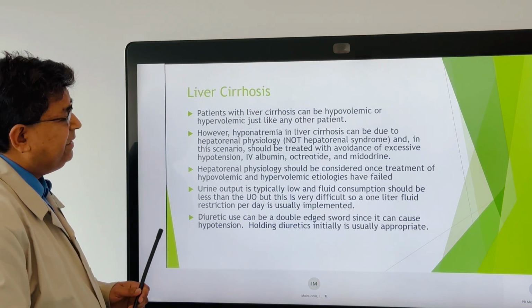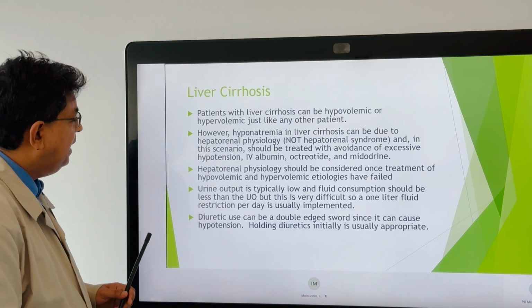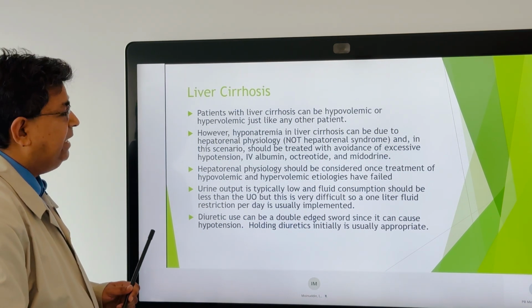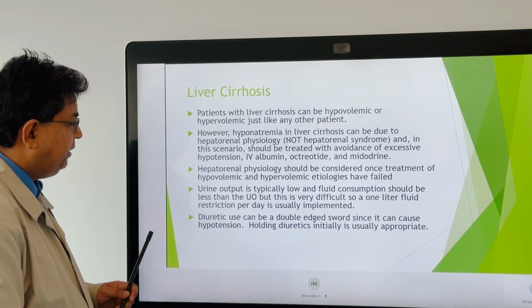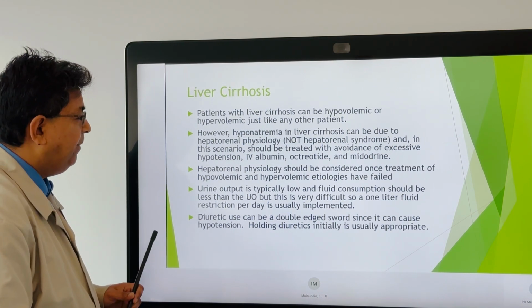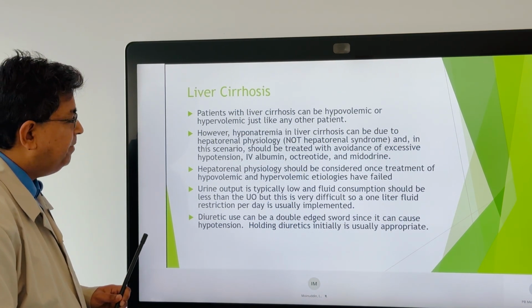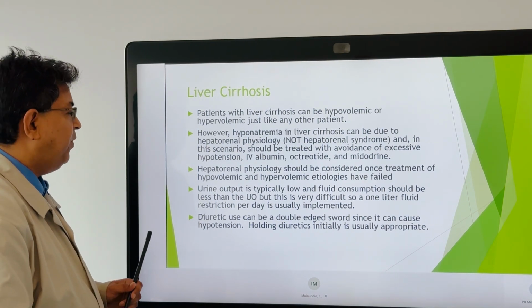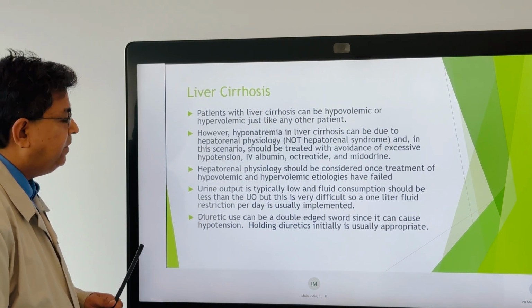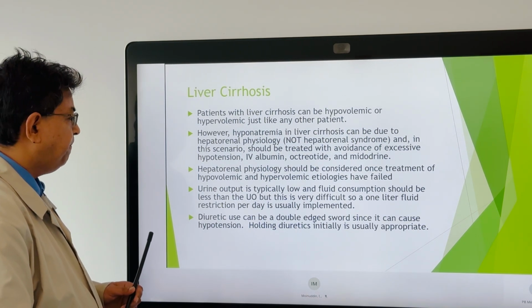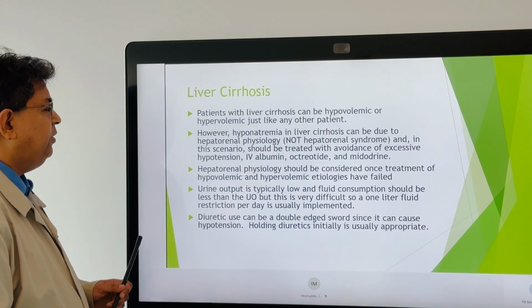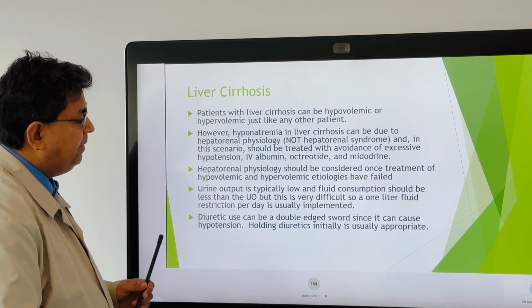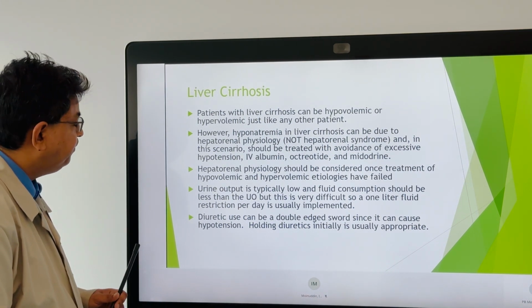However, even if the patient does not have acute kidney injury, the patient still can have hepatorenal physiology, and that can result in hyponatremia. The treatment is to avoid excessive hypotension and provide intravenous albumin, octreotide, and midodrine. Hepatorenal physiology should be considered once treatment of the hypovolemic and hypervolemic etiologies has failed.